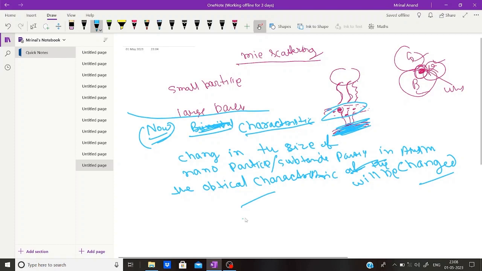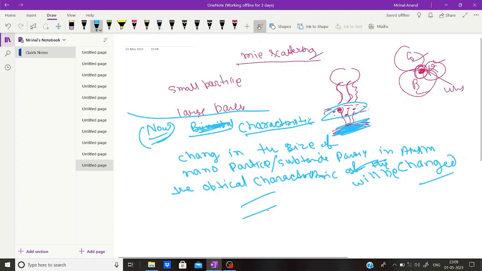So whenever you change the shape of the suspended particle, you can get a different kind of scattering. Like here in the case of the Rayleigh scattering, we see the particles are as small as a nanoparticle, but in the Mie scattering you will see the small particle and the large particle as well, whose diameter is equal to or greater than the incident lambda of the electromagnetic radiation.